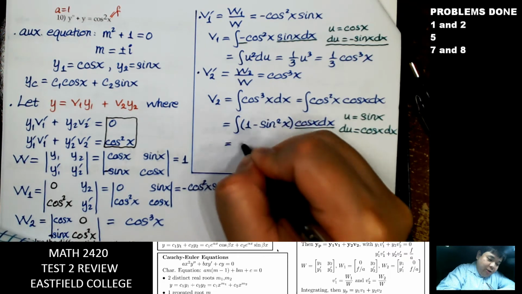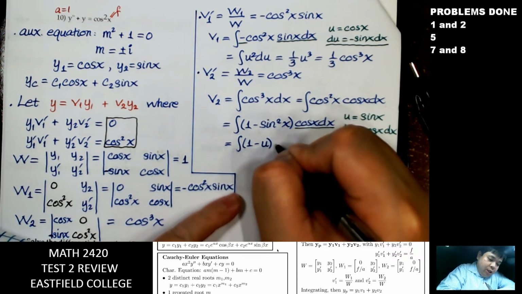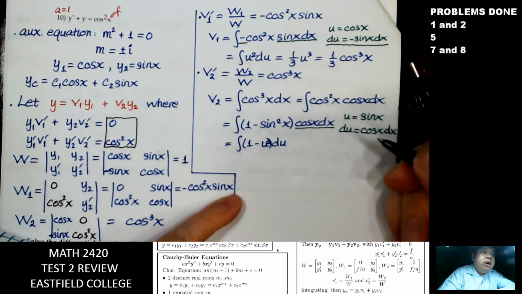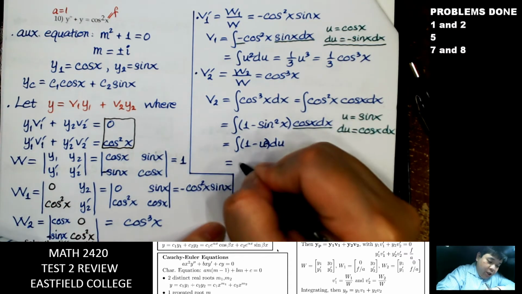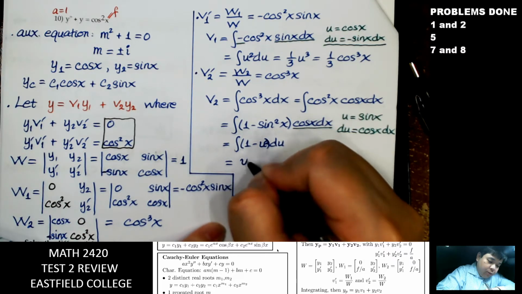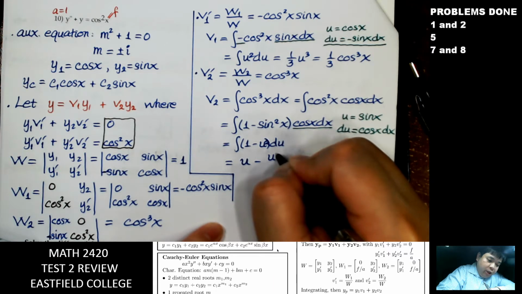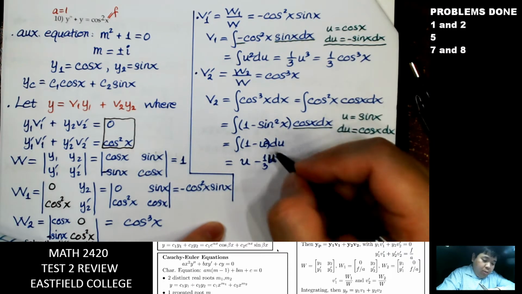So we will have 1 minus u square du, because of sine square. That's u square. Right, integral would be u minus u cube over 3, or 1 over 3 u cube plus c.